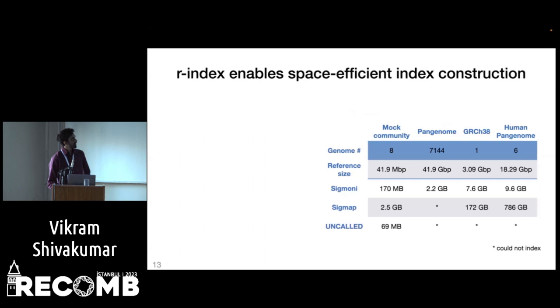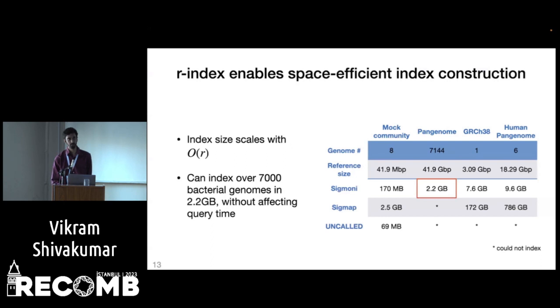And so, like I mentioned before, the R index enables very space-efficient index construction in this big O of r space, and scales with respect to the uniqueness of new sequences you add to your collection of genomes, as opposed to just linearly with the length of the reference. And so you can see that in this example where we can index over 7,000 bacterial genomes in under 3 gigabytes.